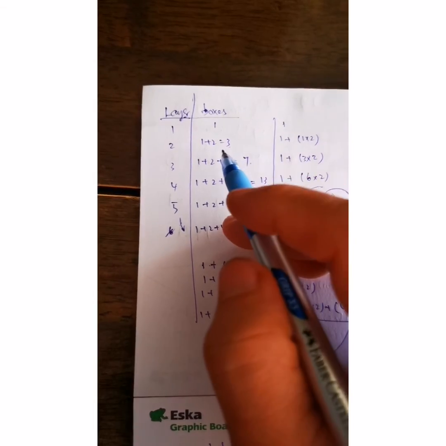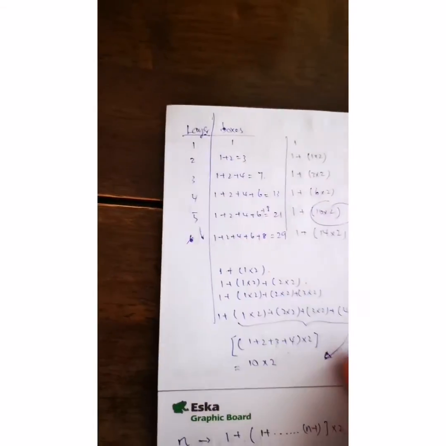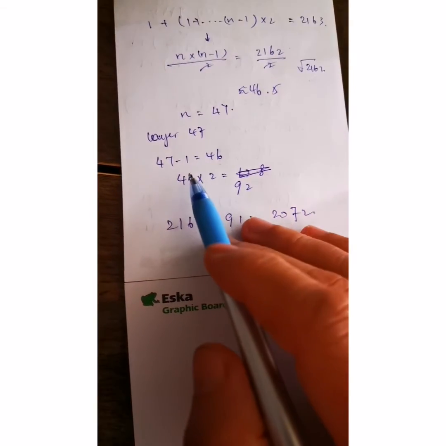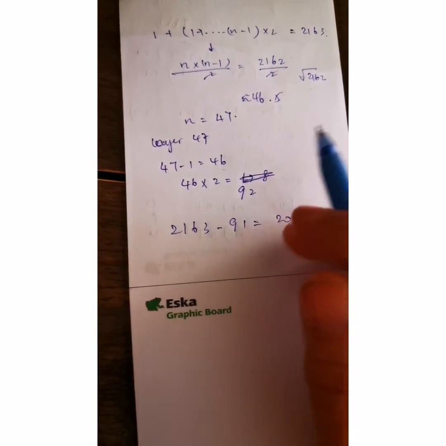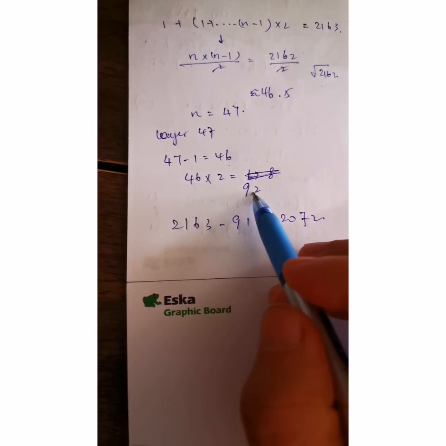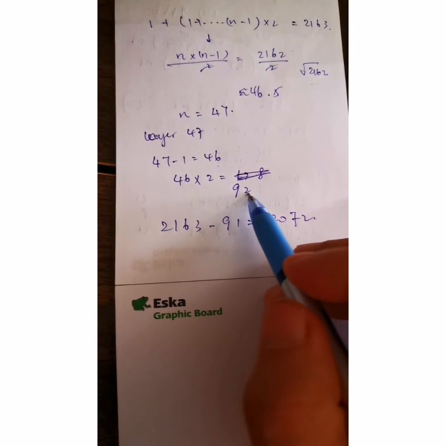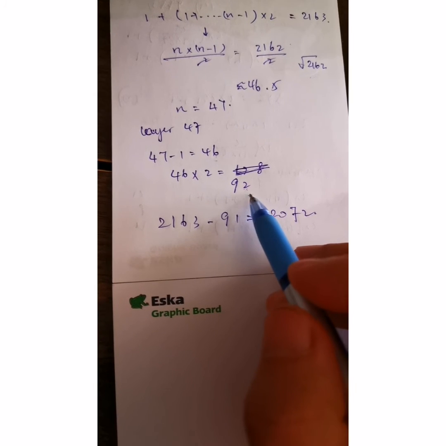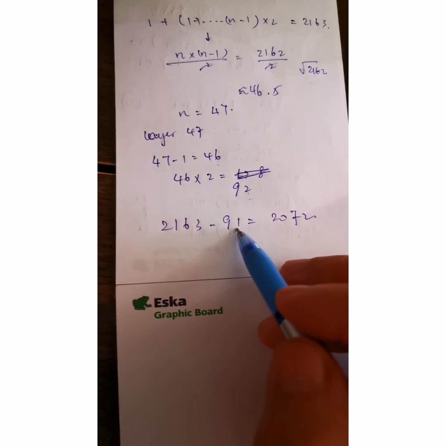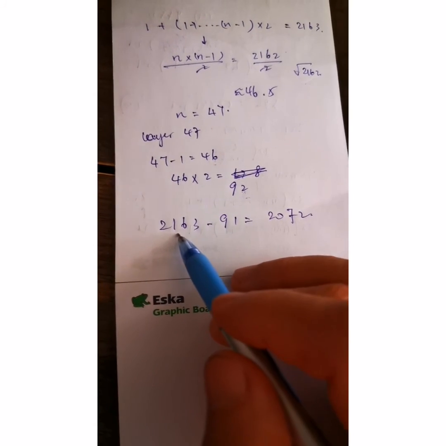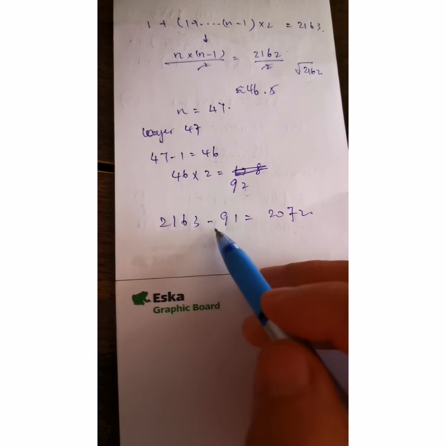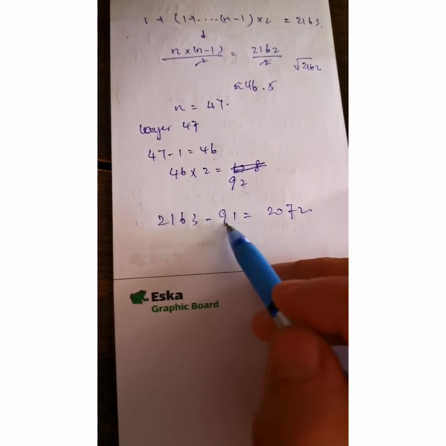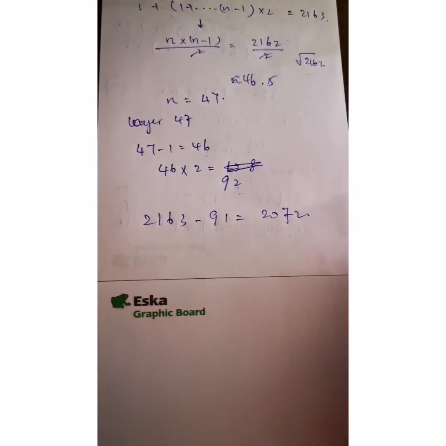If you look at the pattern back again at the picture, you'll notice that from the second layer onwards, you times 2, you will get the number of blocks in that layer. So there are 92 blocks in the final layer, but I cannot minus 92. I need to minus 91 because this itself is 1 block. So 2163 minus 91 equals 2072.